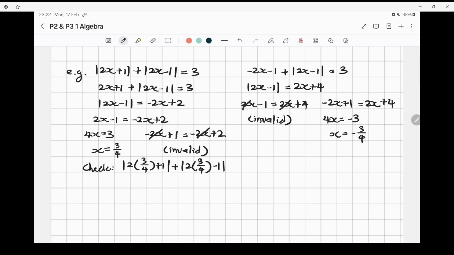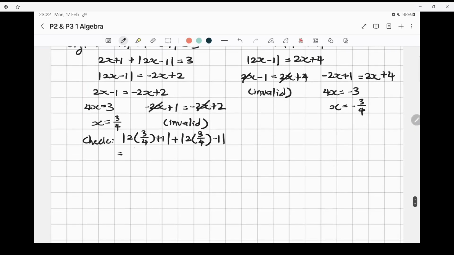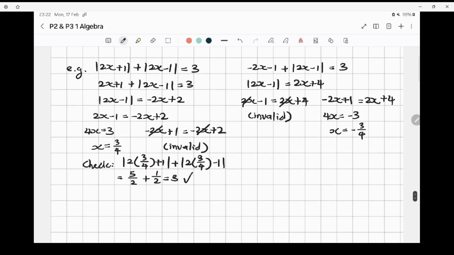I did not calculate that, so 3 over 2 plus 1 gives 5 over 2, plus 1 over 2, this is indeed equal to 3. So this is valid. Now let's check the other part.